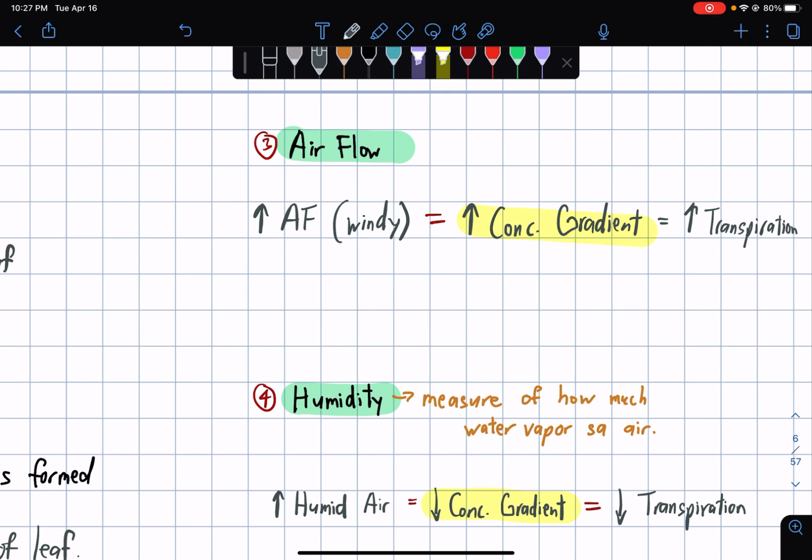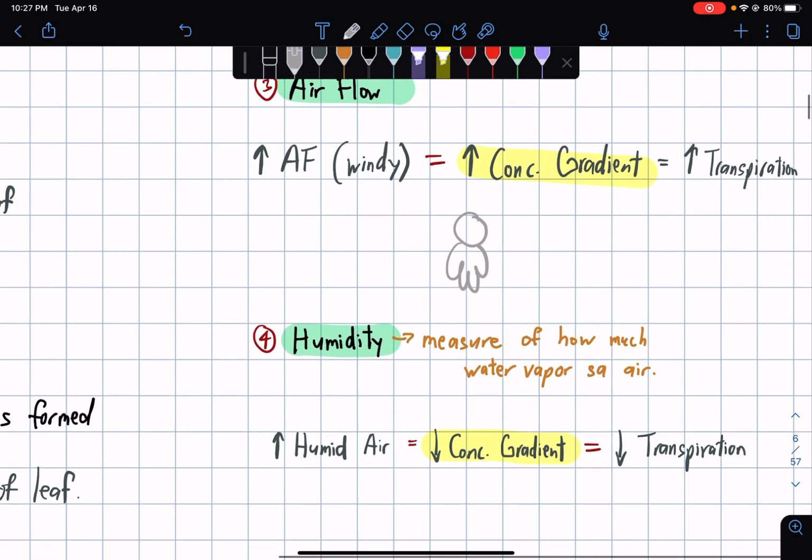So naturally, if there's a lot of water inside, there is a higher chance of transpiration, or the evaporation of water through the stomata of the plant. Think about it this way: if you imagine a person in a really hot, windy environment, you tend to perspire more because it's pretty hot.